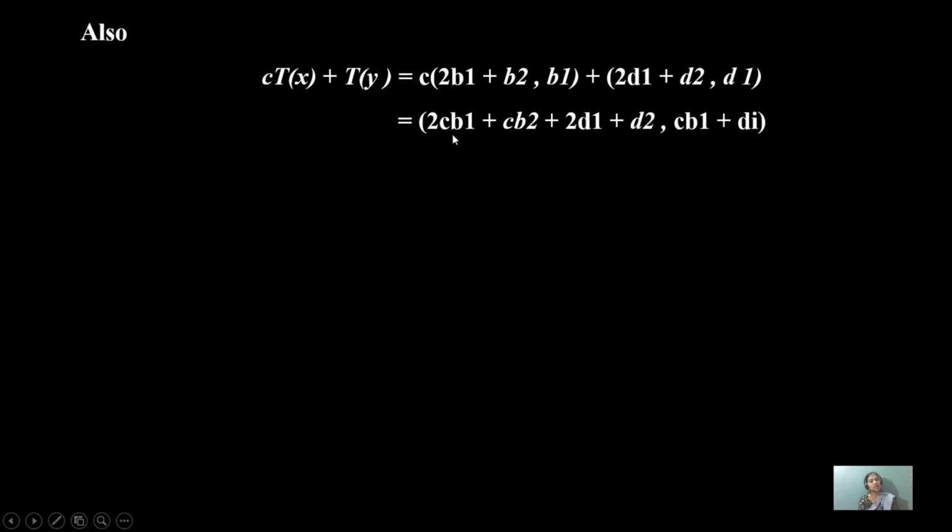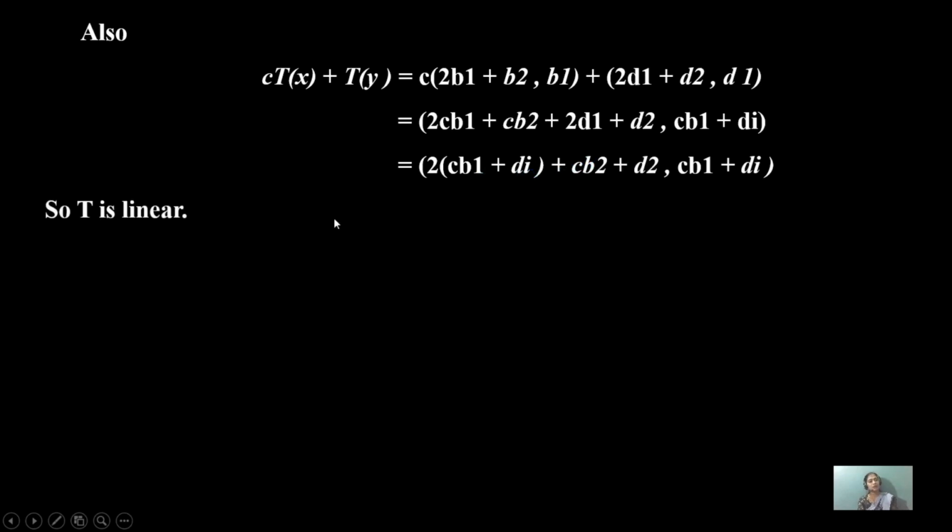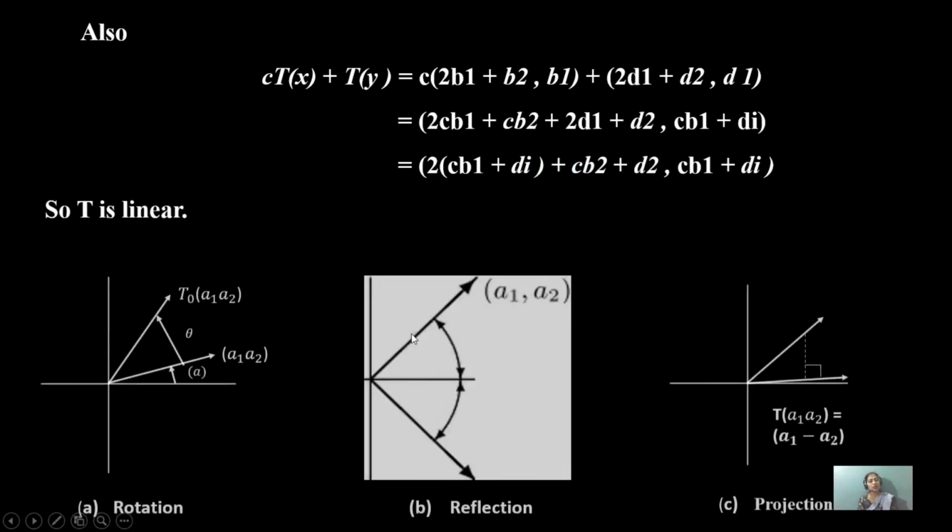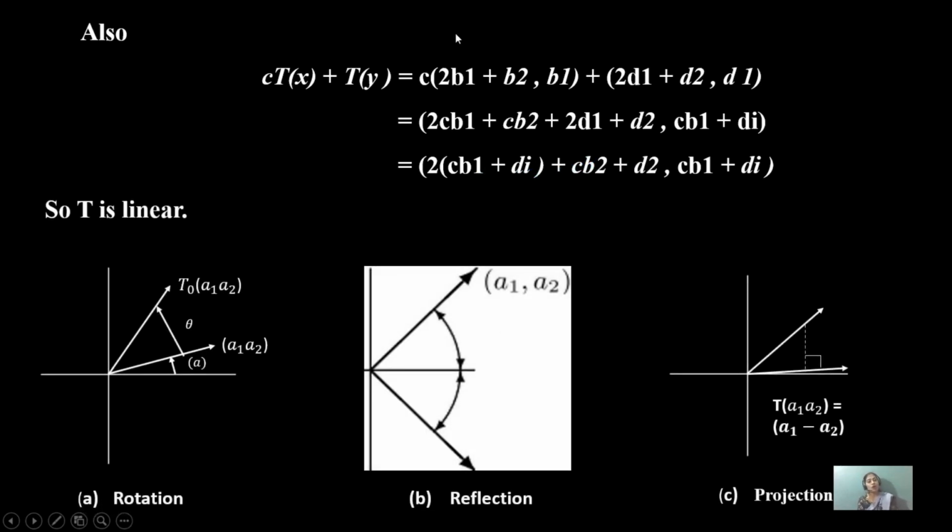The constant c connects with c, d with d, and b with b, and both conditions are generated in this form. Taking 2 common, we get 2(cb1 plus d1) plus cb2 plus d2, cb1 plus d1. So T is linear in this form, because all of these constants fit the form of the equation.